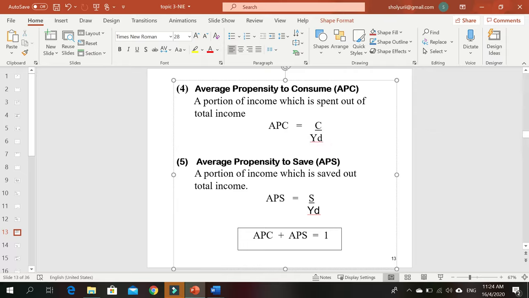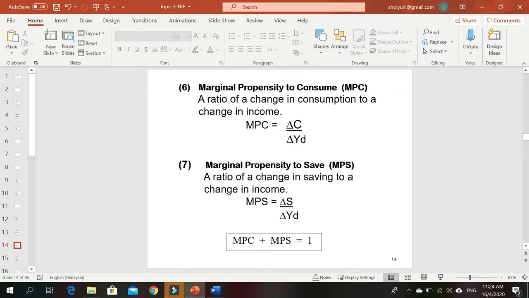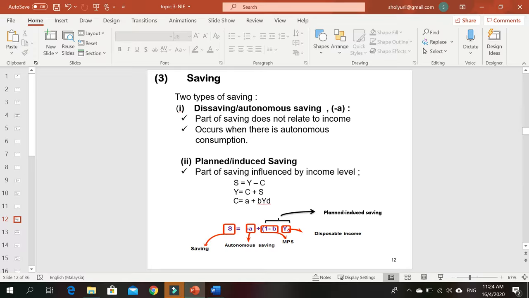While APS is the portion that we save from our income, S over YD. And for sure, the value of APC plus APS equals to 1, because the equation we use is Y equals to C plus S. So APC when added with APS confirms equals to 1.